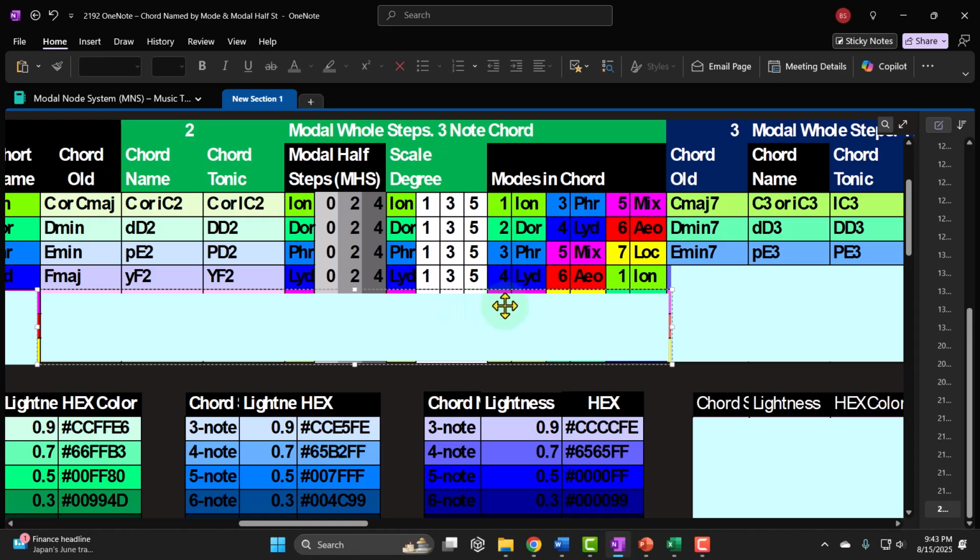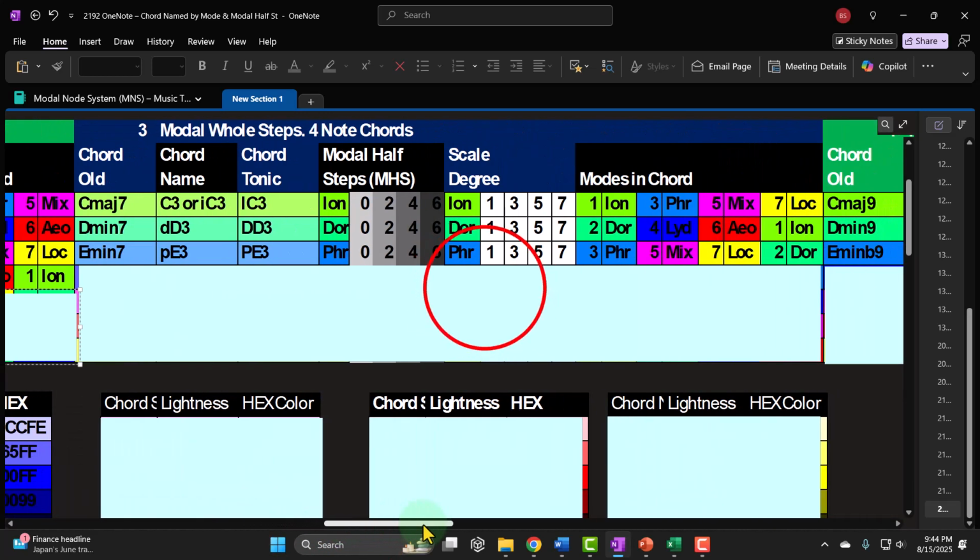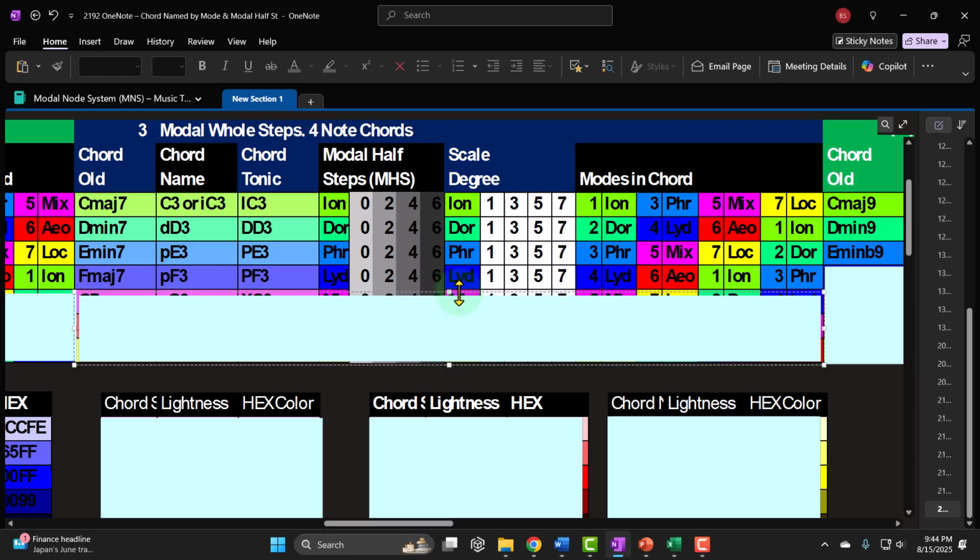I want to keep it as the 4, because then I can just count up. 4 plus 2 is 6, plus 2 is 7, and then back to 1. That means that a Lydian 2 chord, or 3-note Lydian, consists of a Lydian, Aeolian, and Ionian node, which is very descriptive and therefore useful, I believe. Then we're going to say that this is going to be another note.